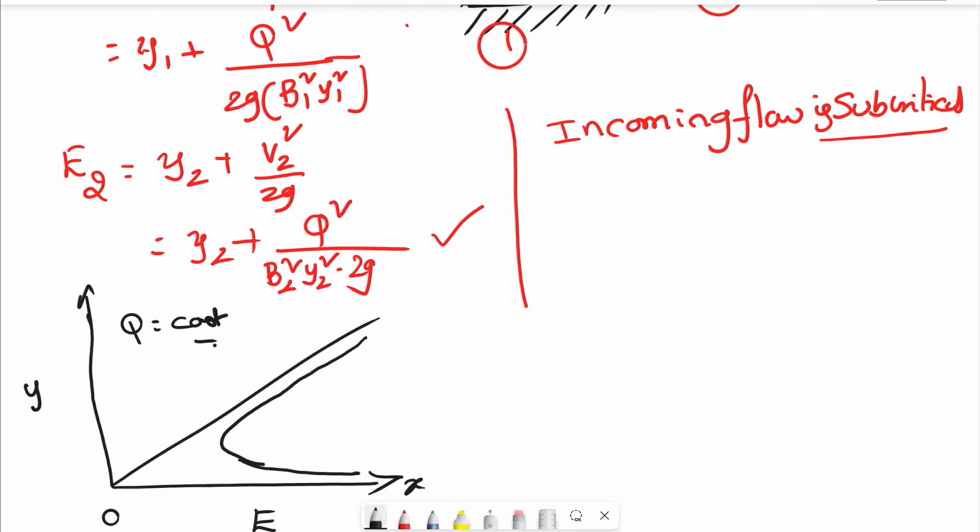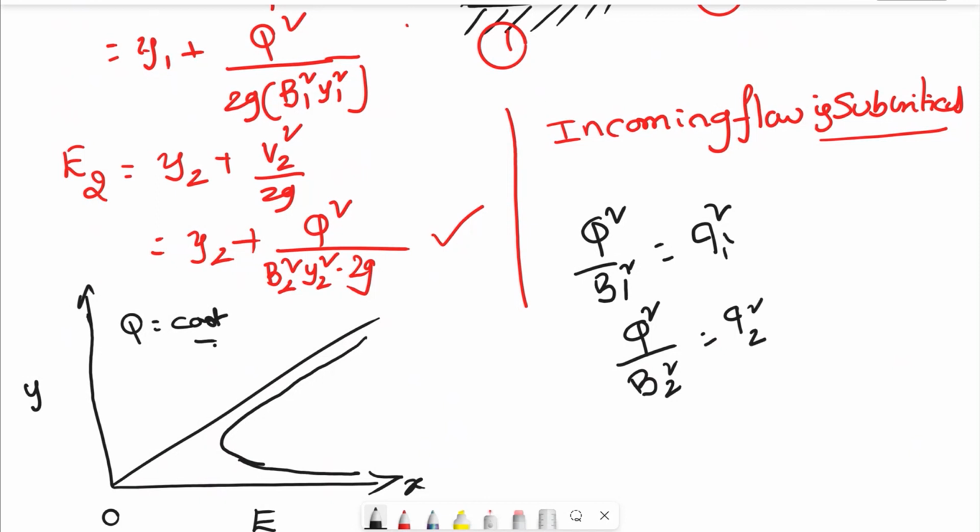Now, Q square by B1 square is called small q1 square, and similarly Q square by B2 square is small q2 square. This q1 or q2 is called discharge intensity.